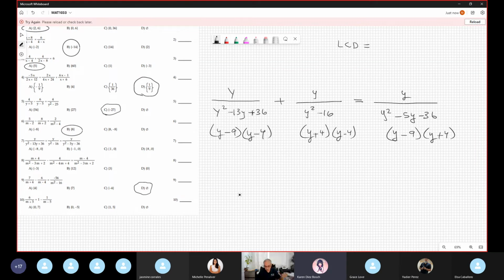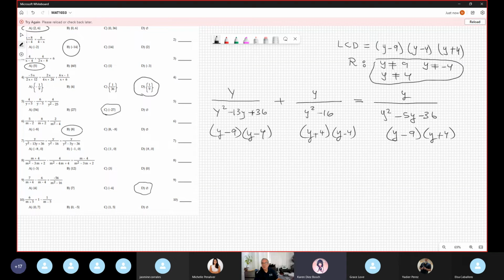You take the majority power, in this case no majority because no square, no cubic, it's only one power. You take one time. The LCD is y minus 9 taken one time, y minus 4 taken one time, and y plus 4 taken one time. And the restrictions associated with this: 3 restrictions because we have 3 factors. y not 9, y not 4, and y not negative 4. 3 restrictions. Cool?